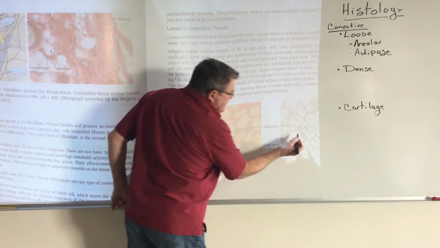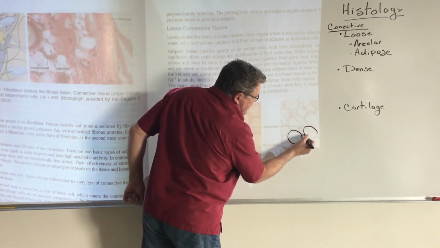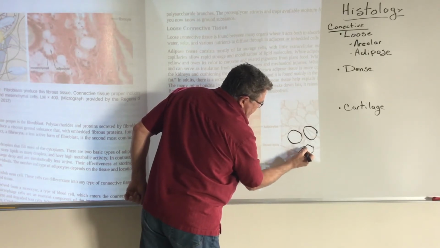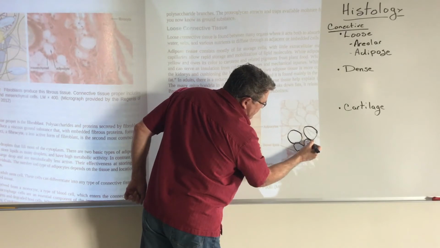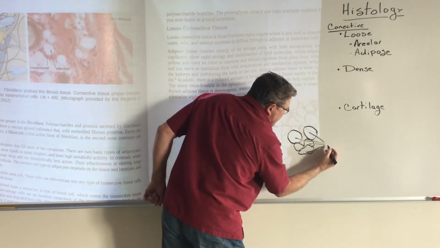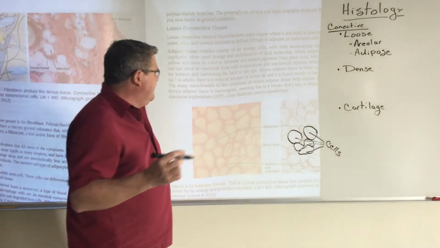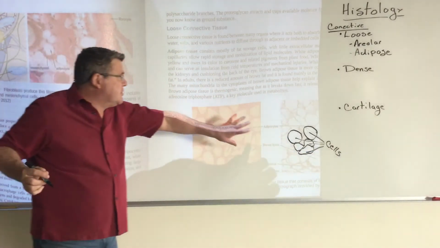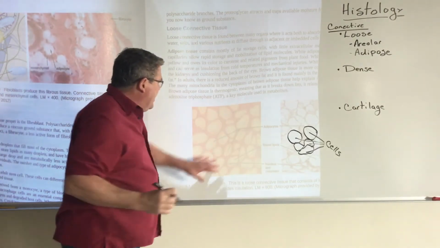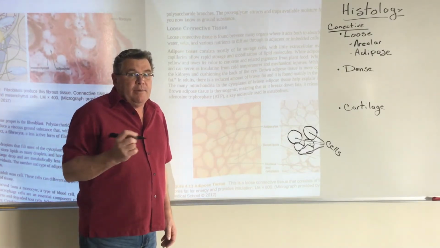If you look here, we've got these really big cells. And so there we have the individual cells. And we don't have a whole lot of extracellular matrix. If you look at the drawing that they've done, the extracellular matrix is in the red out here. And what you see is a whole lot of this yellowish adipose cell.